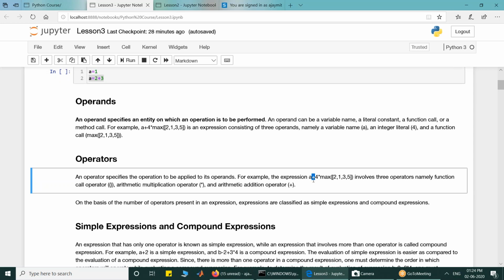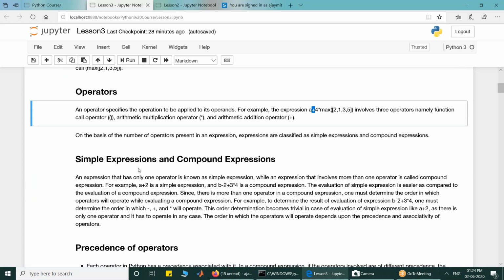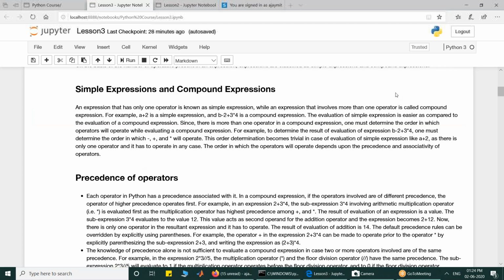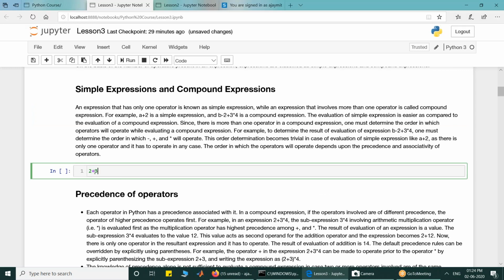Now we must understand the difference between simple expressions and compound expressions. A simple expression is an expression in which only one operator is involved. If I write 2 plus 3, this is a simple expression, with only the arithmetic addition operator, so it has to operate in any case.